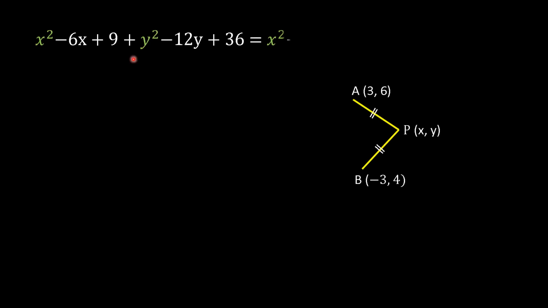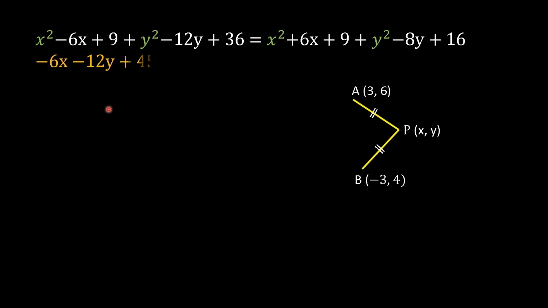We got this long expression. This x square cancels with this x square. This y square cancels with this y square. And we get minus 6x minus 12y. 9 plus 36 is 45.